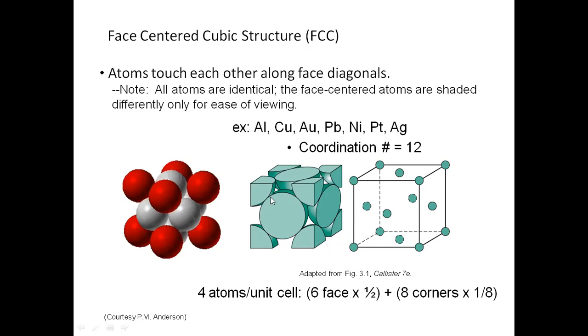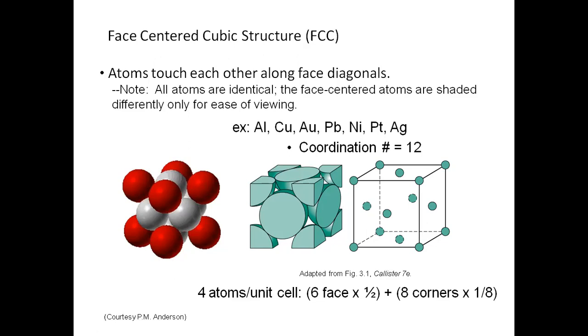Then we have the faces. The faces are half an atom, okay? So there's half the atom inside this cube, and the other half is in the next cube, so we can't see it. We're just interested in 1 cube, so we just get the half. So we have the half from this face, this face, that face, and so forth. How many faces does a cube have? 6. It has 6 faces.